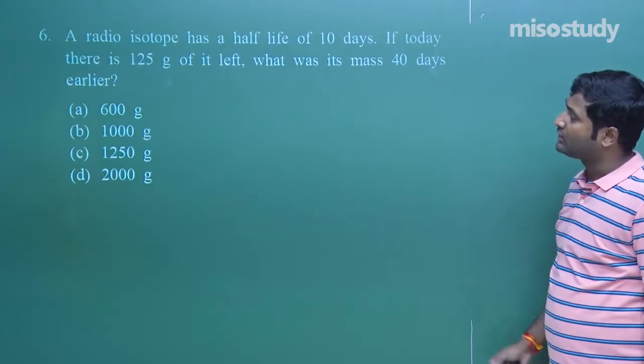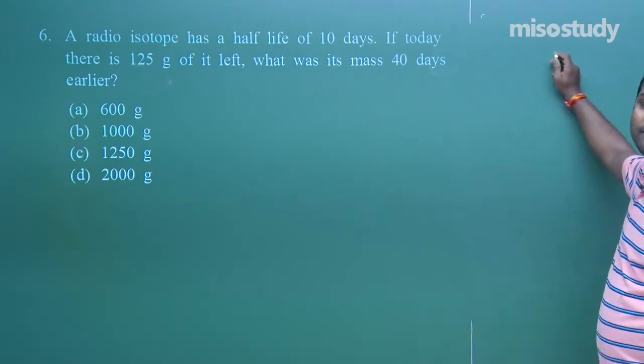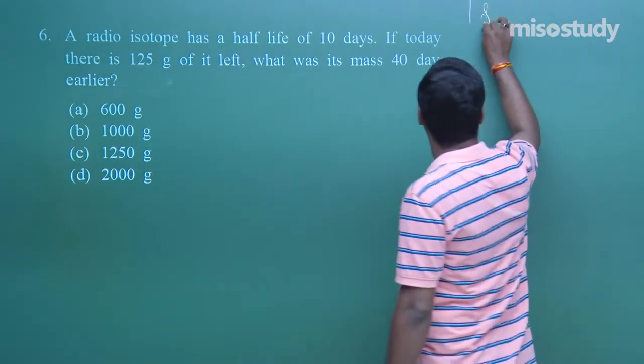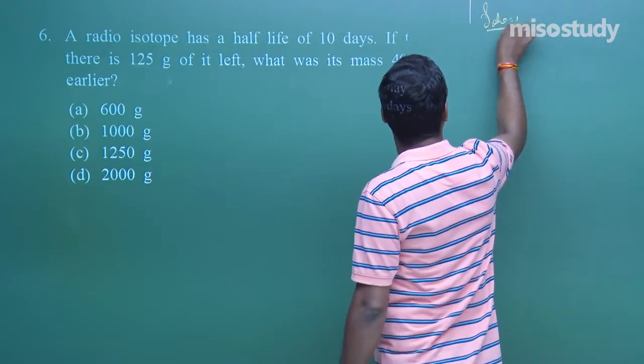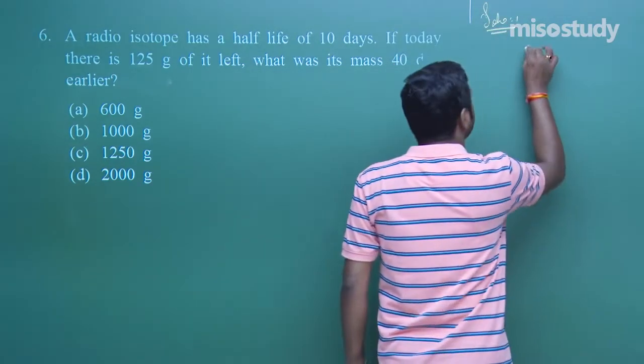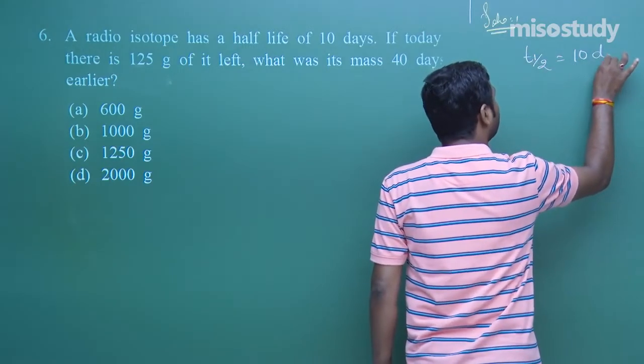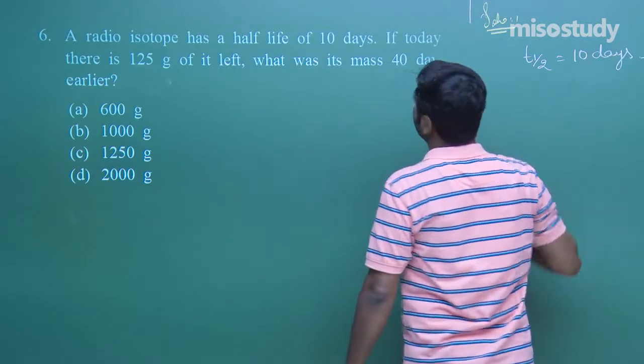Now, question number 6. A radioisotope has half-life 10 days. What is given here? T half is equal to 10 days. Clear?